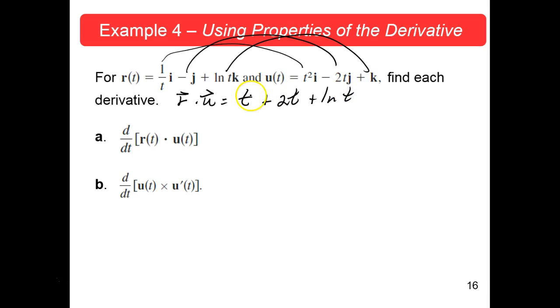All right, let's combine like terms. 3t plus log t. Okay, now let's take the derivative of that. d by dt of this, 3t plus log t.